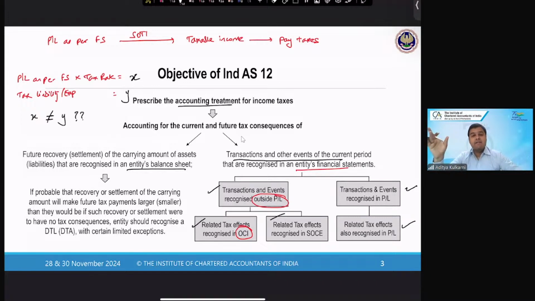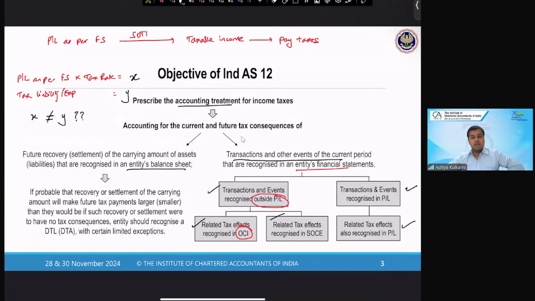So we need to arrive at a proper accounting mechanism to give this explanation to the reader of financial statements that these are the components of income tax expense. It will have some current tax, it will have some deferred taxes, it will have probably some MAT credit entitlement. When you put all these things together, it will match the effective tax rate that you are looking at.